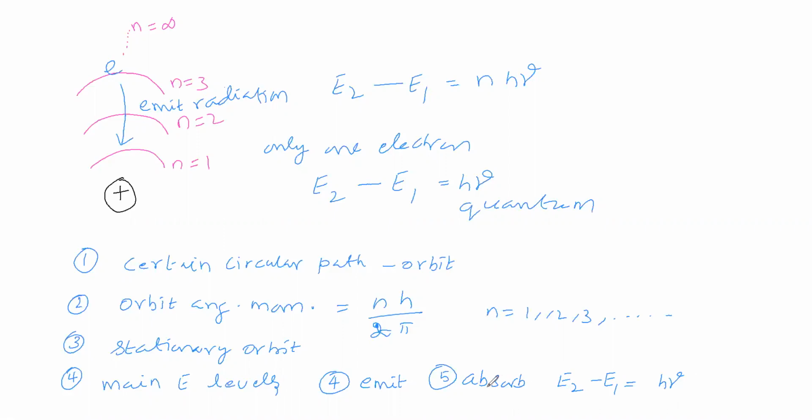So, using these postulates, Niels Bohr explained the hydrogen spectrum. How Niels Bohr explained the hydrogen spectrum, that we will see. Before seeing that, in the Niels Bohr model, he gave some derivations. What are the derivations? One is, what is the radius of this orbit, the radius of this circular path?